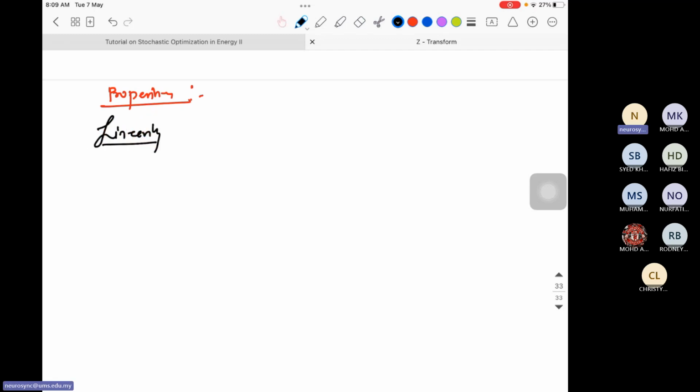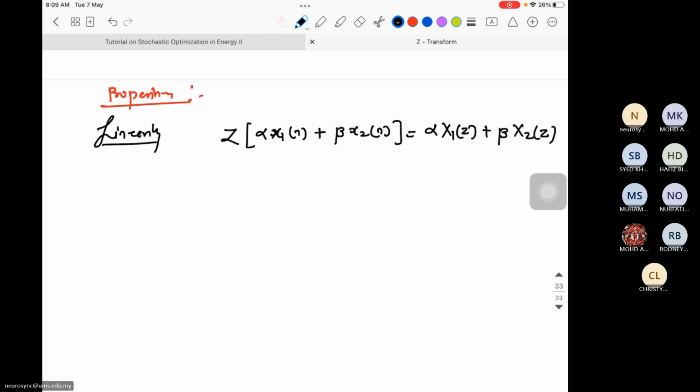The linearity property is: the Z transform of alpha x1 of n plus beta x2 of n is equal to alpha X1 of z plus beta X2 of z.